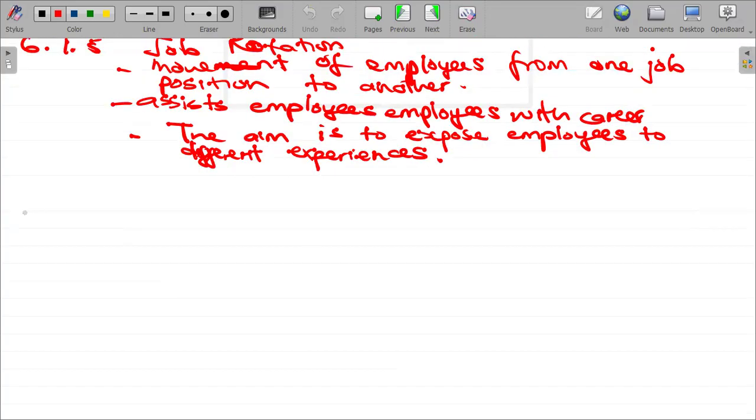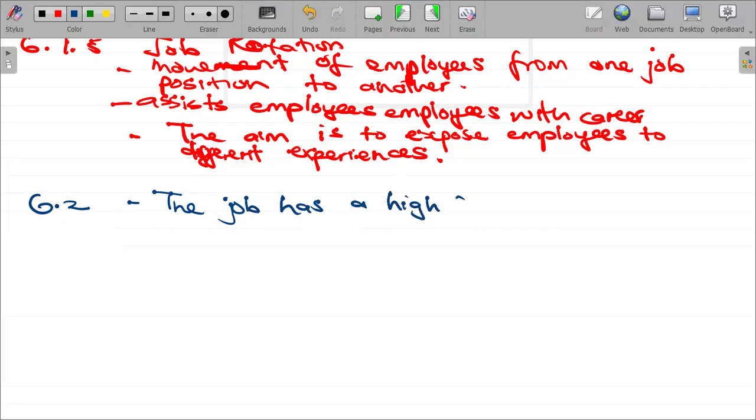It is when the job is of a higher status. It is not repetitive.